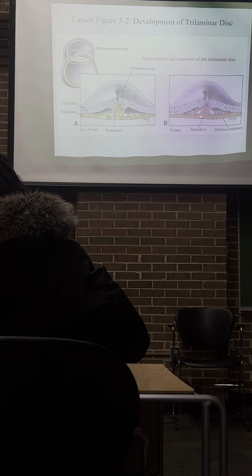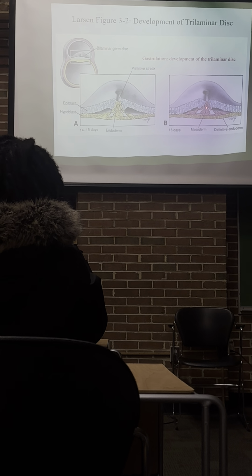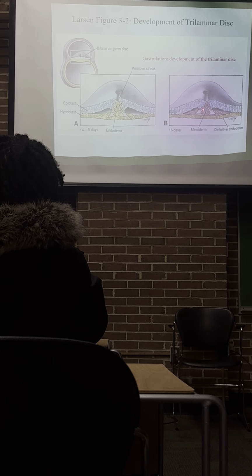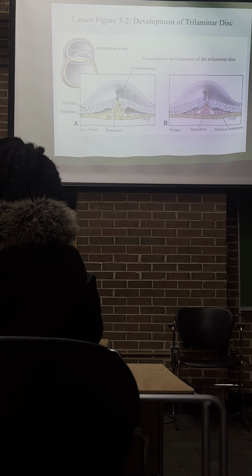So once the endoderm is formed, definitive endoderm, that's the final endoderm, you have cell division continuing along the primitive streak, and you have another germ layer developing in this potential space between the epiblast and the endoderm. And this is the middle germ layer. Meso means middle, mesoderm. It's not extraembryonic mesoderm, it's intraembryonic mesoderm.